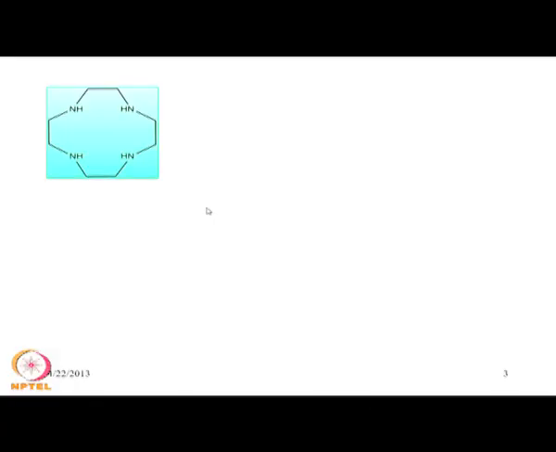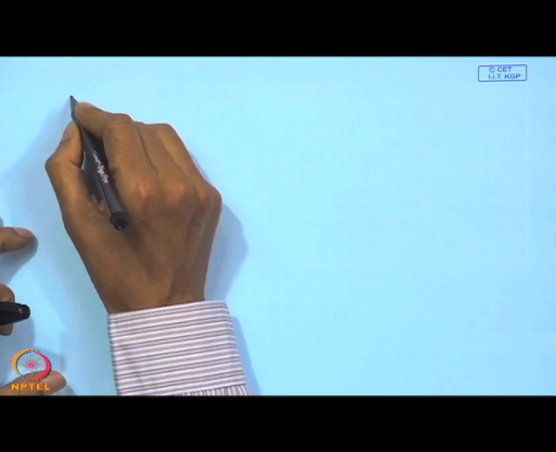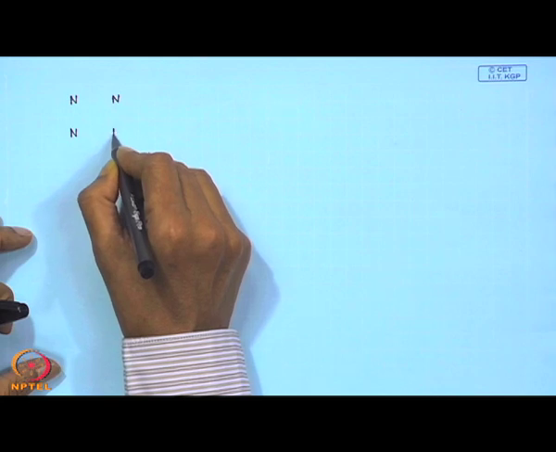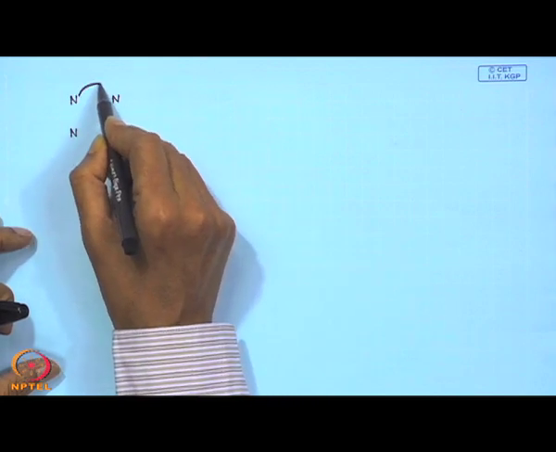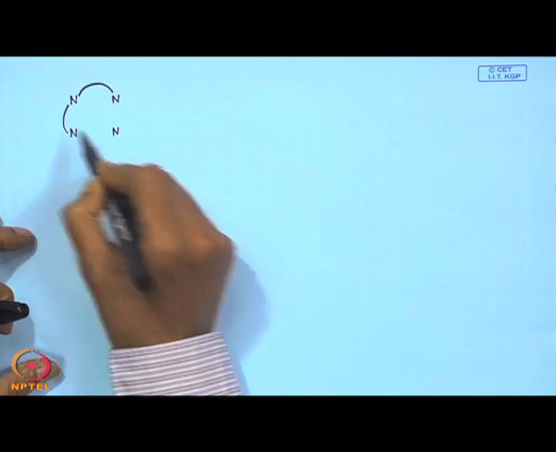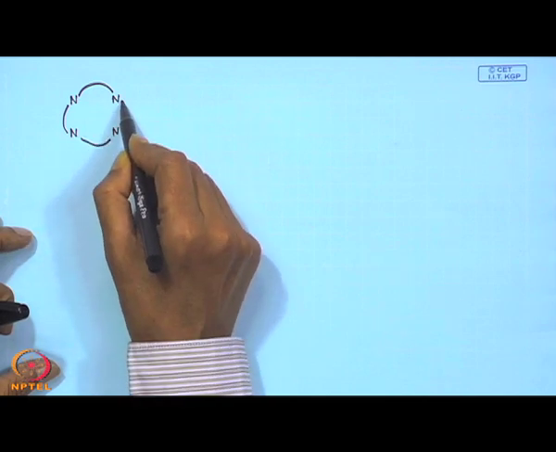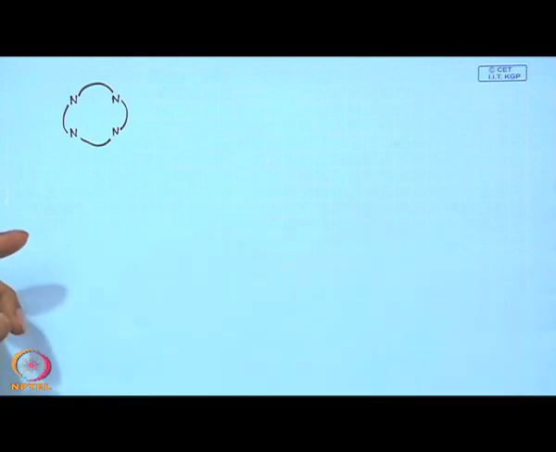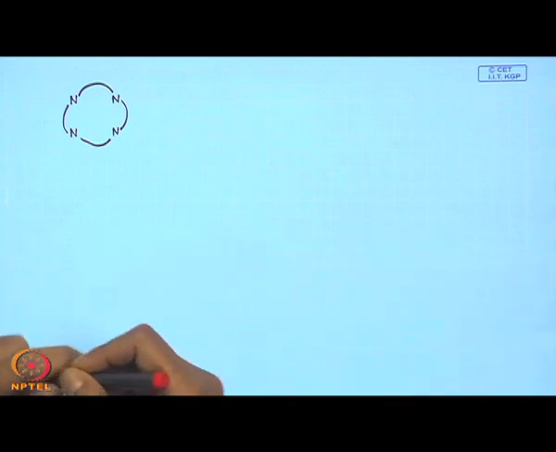Then we can go for a typical macrocyclic ligand, where we can have 4 donor atoms, and if they are nitrogen bearing, as we have defined earlier, these nitrogens can be connected very easily, and when we connect them we get a complete cyclic geometry.